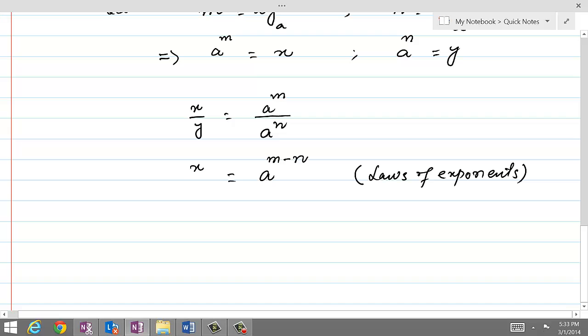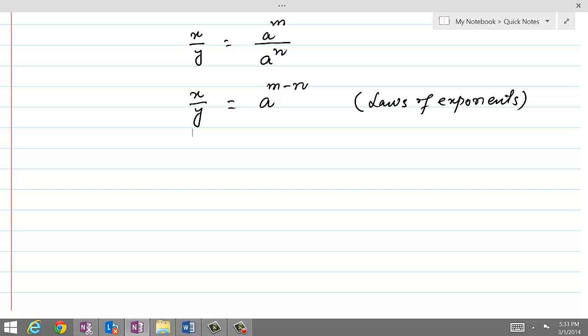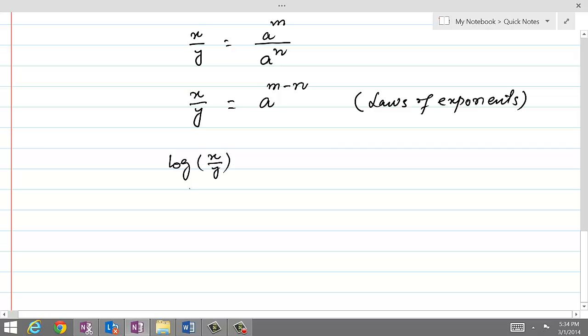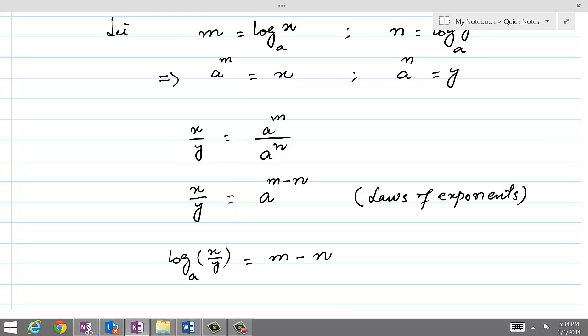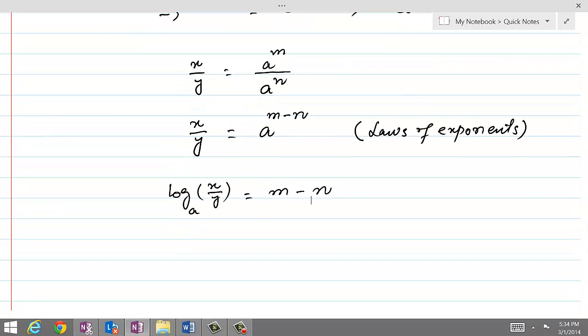And here on the left hand side, this is x over y again. And if we convert this exponential form back into logarithmic form, this will become log of x over y base a is equal to m minus n, and we have the value for m, that is log of x base a.